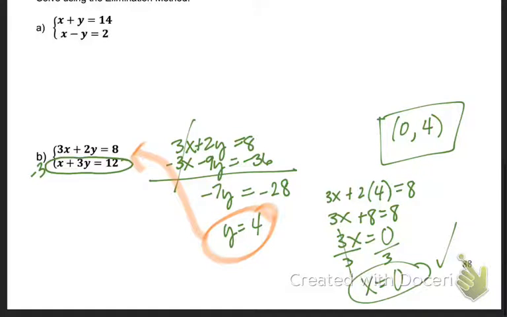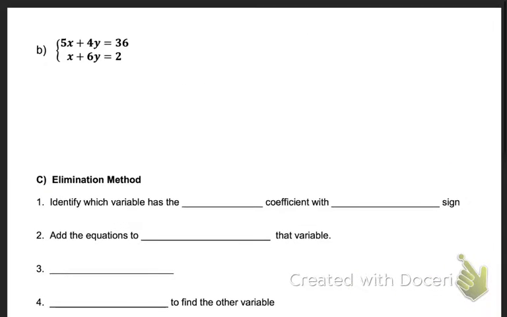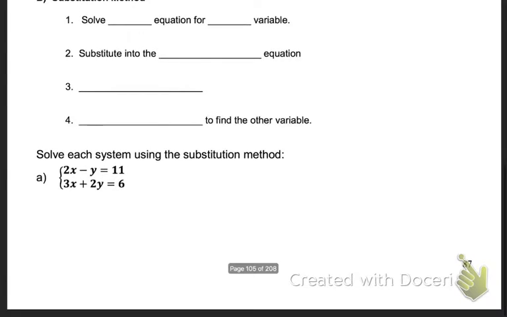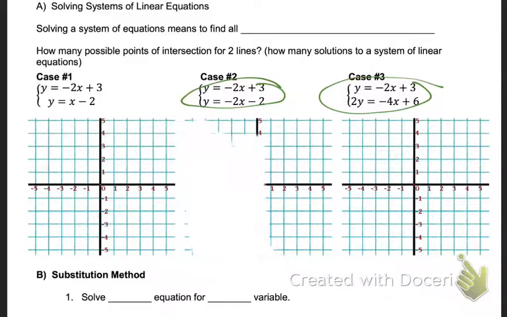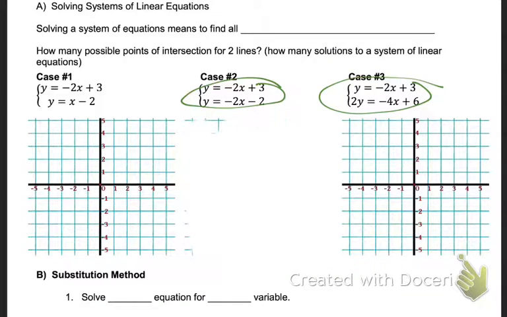And we could go back up to the original equation. If you are still a little stumped about that, you could actually try solving these algebraically, like substitution or elimination. So case number 2, if I use substitution, well, they're both y equals. So then I could just set them equal to each other.